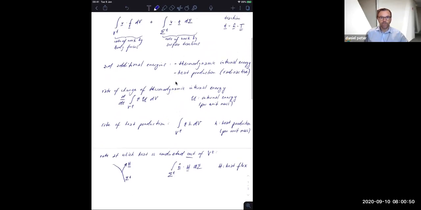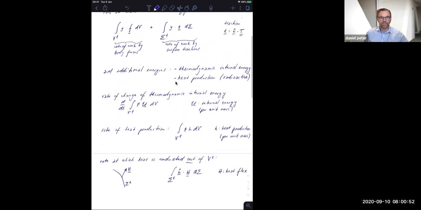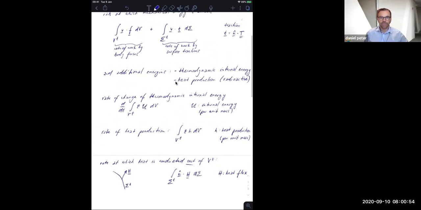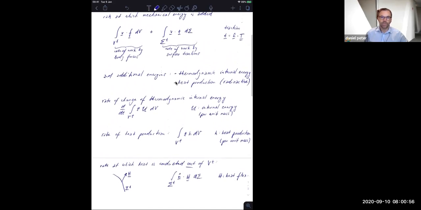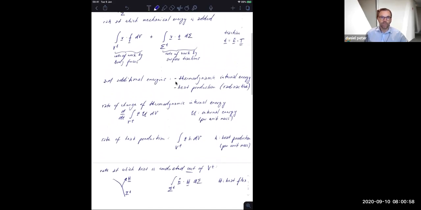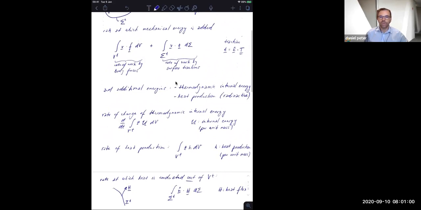Good. Now we have all our rates of change of energies that are involved. So for the conservation of energy we put all these terms together.